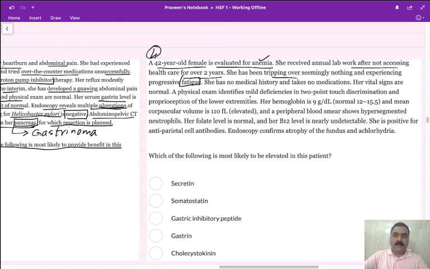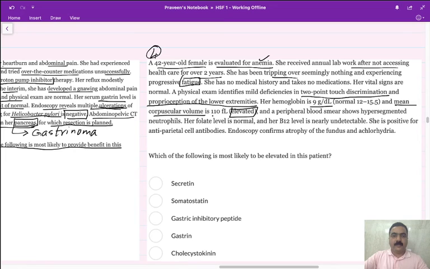A physical exam identifies mild deficiency in 2-point touch discrimination, a sensory deficit, and proprioception of the lower extremities, that is the motor deficit. So it's a combined sensory and motor deficit, peripheral neuropathy, with anemia, and the hemoglobin level is low. Very importantly, it is mentioned over here, mean corpuscular volume, the size of the RBC, is elevated.